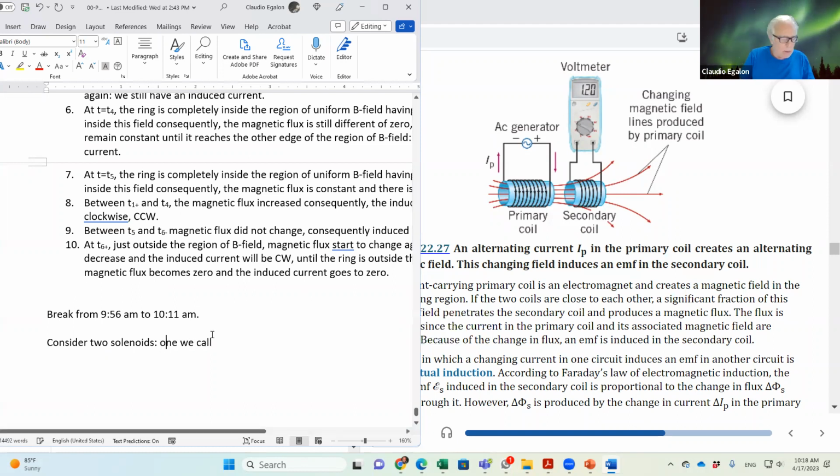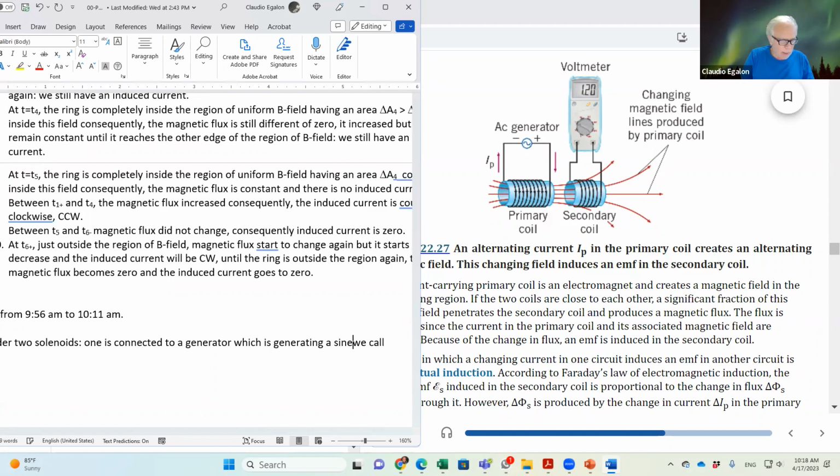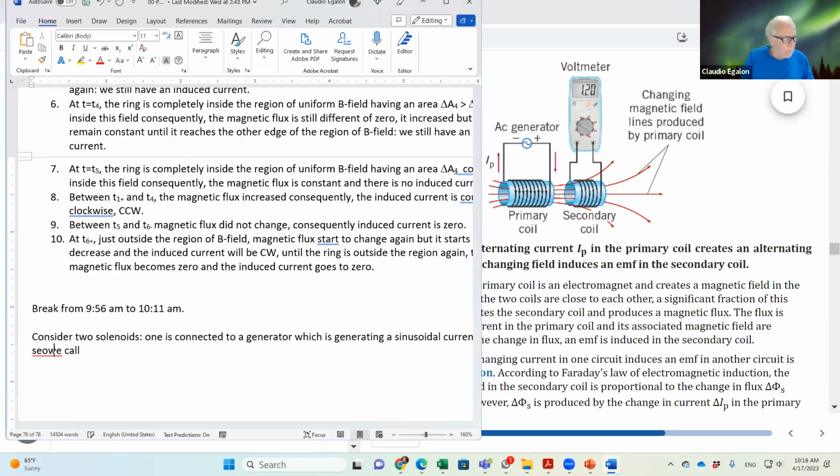One is connected to a generator, which is generating a sinusoidal current. And a second one that is just a closed circuit with no power source whatsoever.